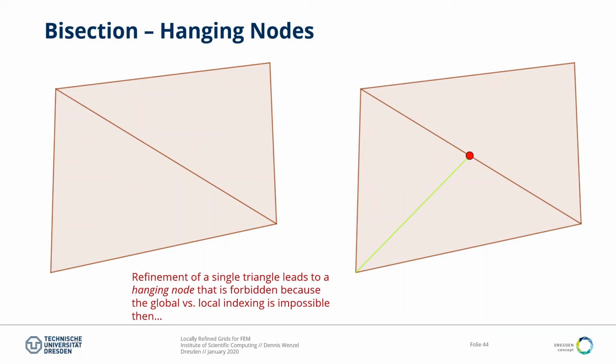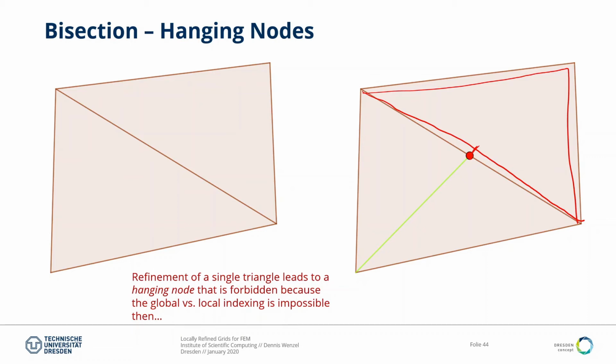And we have a problem here. Because after bisecting this triangle, we have two new ones and we have a so-called hanging node. It's called hanging because it's in the middle of the edge of this triangle here. So there is an edge here, and this triangle does not have a vertex where this point is.